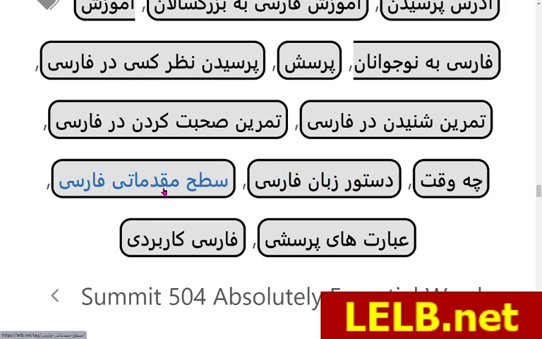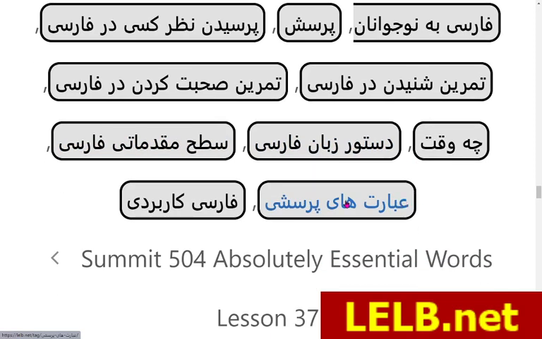This is categorized according to the سطح مقدماتی, elementary Persian. And also عبارت های پرسشی means question tags, question forms, question elements, and فارسی کاربردی or applied Persian. So something that you can practically use, not theoretically but practically.